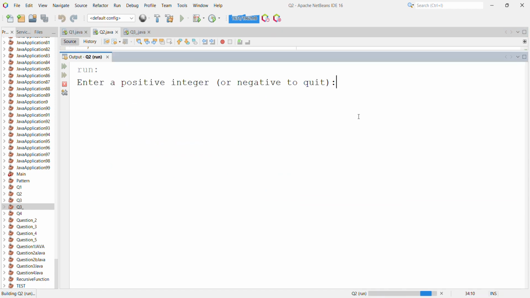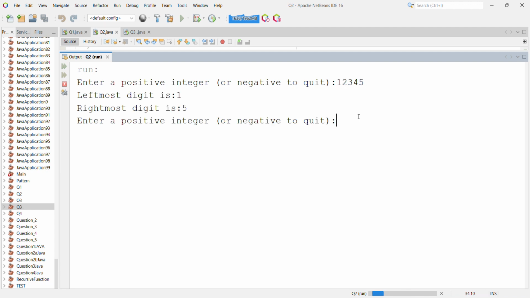For example, I write 1, 2, 3, 4, 5. As we can see, the leftmost digit is 1, rightmost digit is 5. I write from 9 to 1.